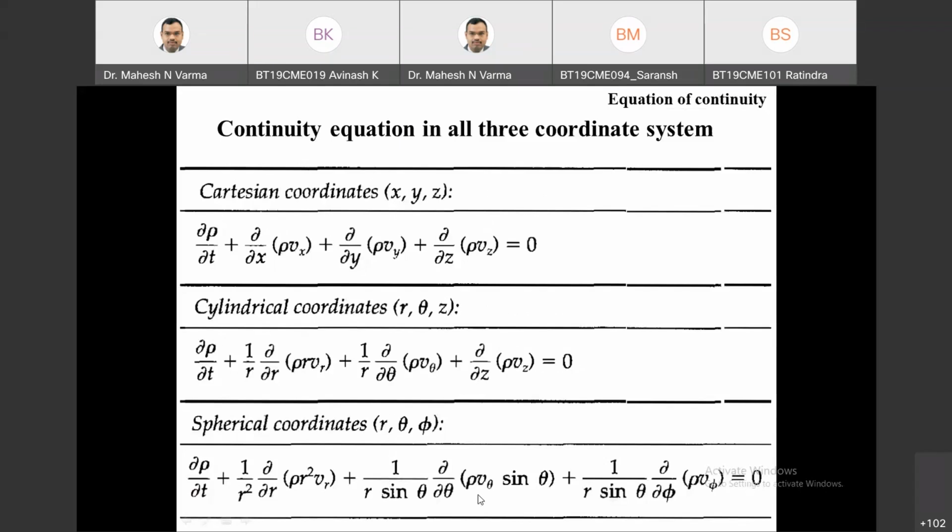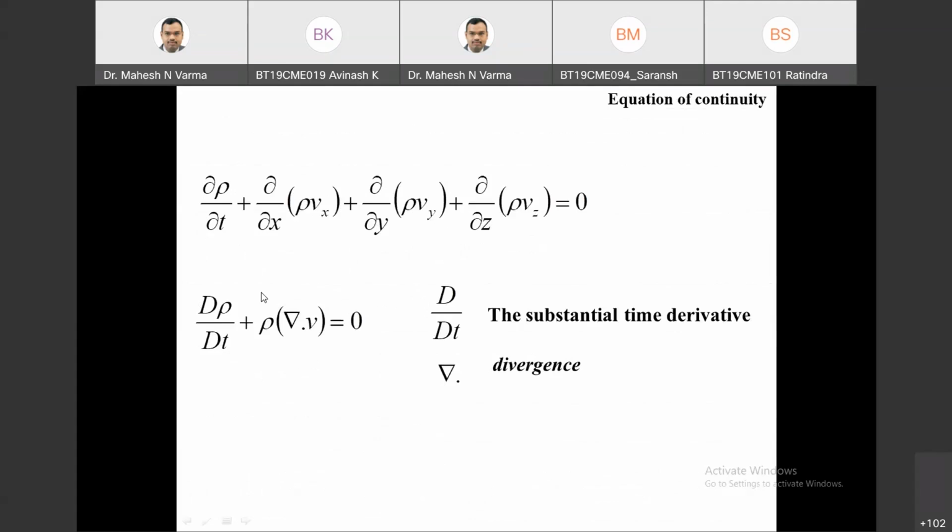But another way to get this equation, for example for the cylindrical and spherical coordinate systems, is using the compact form of the equation of continuity. This is true for Cartesian, cylindrical, and spherical coordinate systems. Only the substantial time derivative, you need to use the definition in cylindrical coordinate system. Similarly, you need to use del as defined for the cylindrical coordinate system.